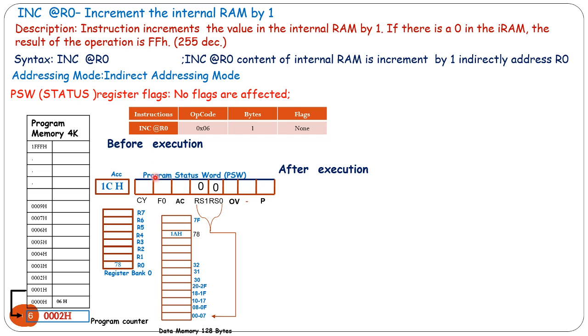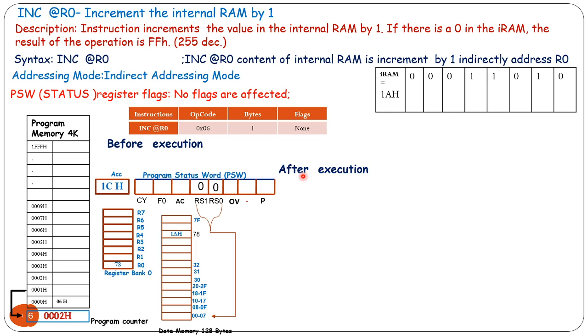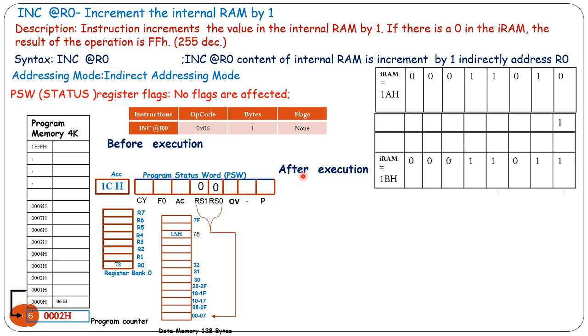This R0 gives 78 as the address of random access memory. That content is incremented after execution. So after execution, what will be the content of this random access memory? The content will be 1BH. So this is 1AH, 0001 1010, incremented by 1.